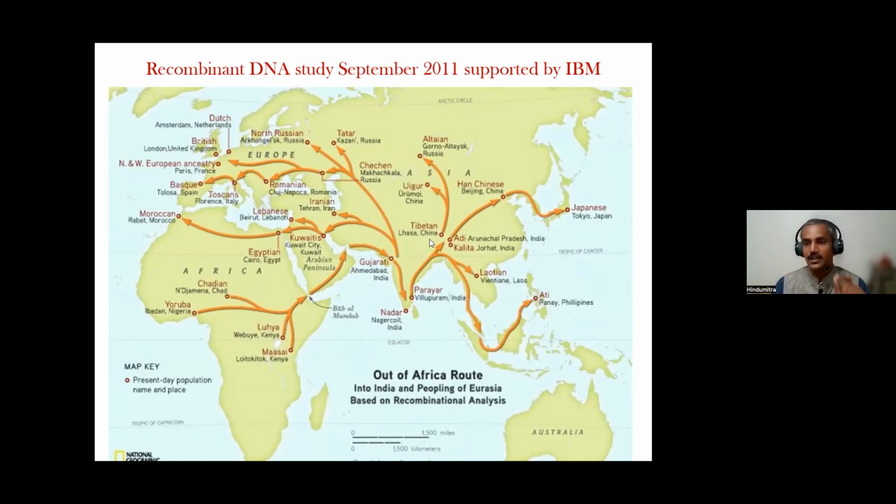This is what the IBM study found, the costliest study, a rigorous study for 10 years by various labs from Indonesia to Europe to the Americas and South America. They did this study, and this is what they found. So there is no Aryan. Aryan is a geographical term, not a racial term.